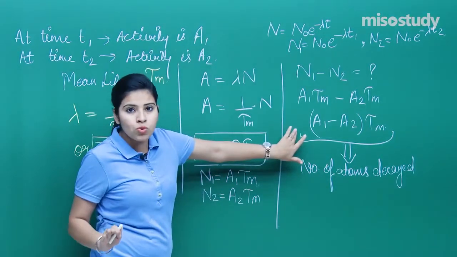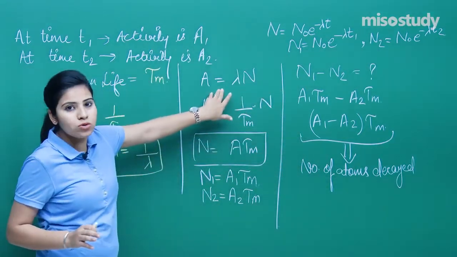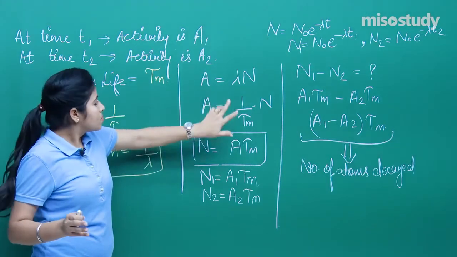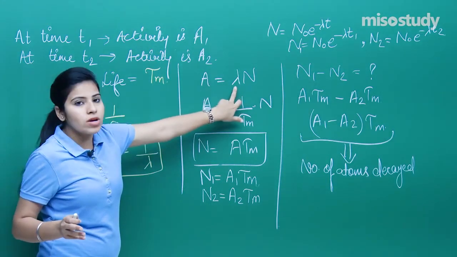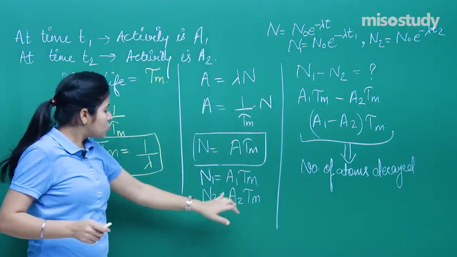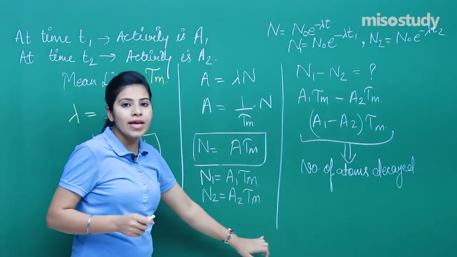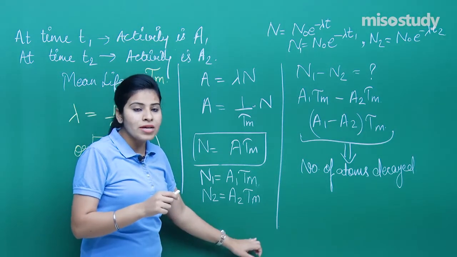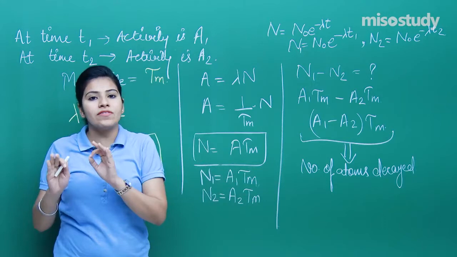You need not worry, because the activity that we are using here corresponds to that time period, like A equals lambda n. We have used A1 Tm, A2 into Tm. We are taking the mean average life, so you need not worry about T1 minus T2.